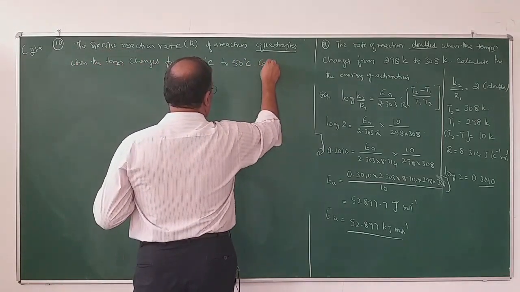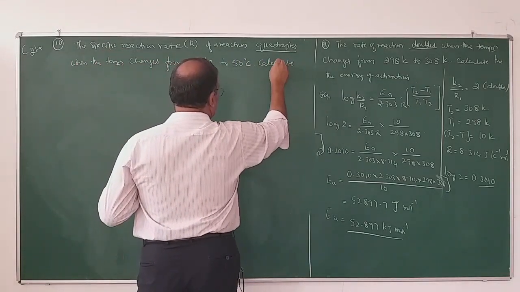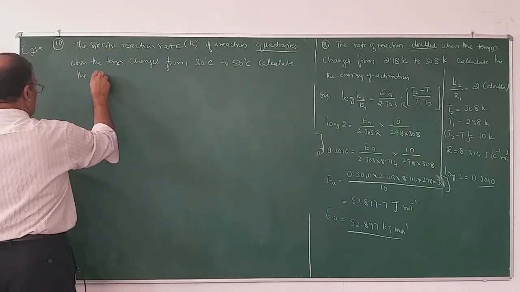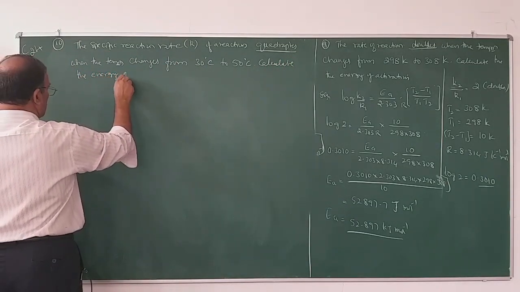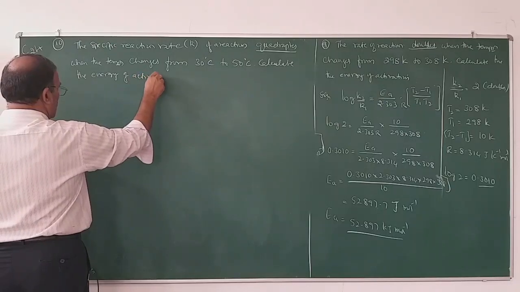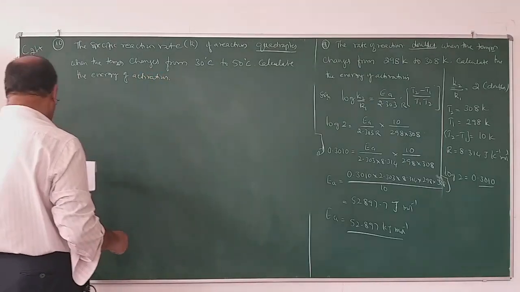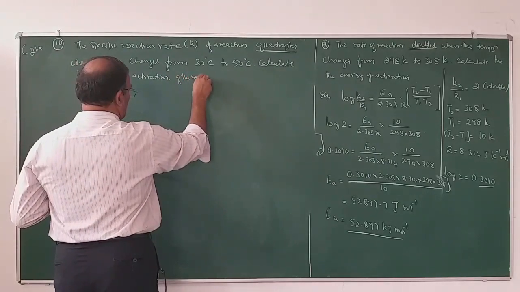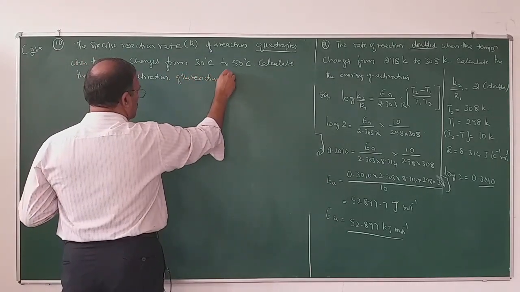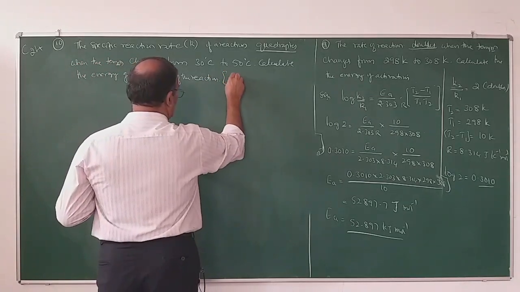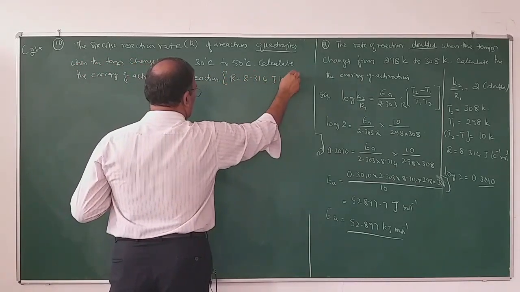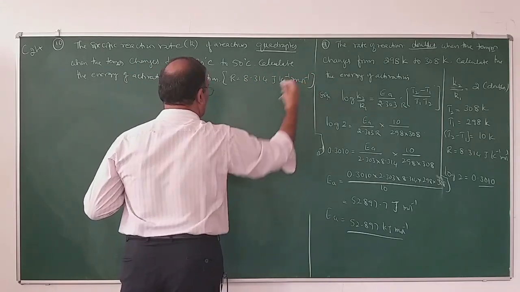Calculate the energy of activation of the reaction. Here the R value is given: 8.314 joule per Kelvin per mole.